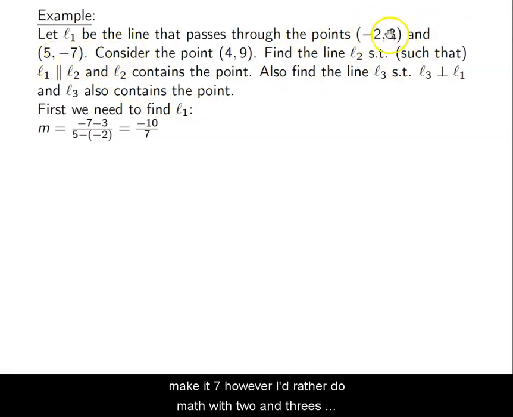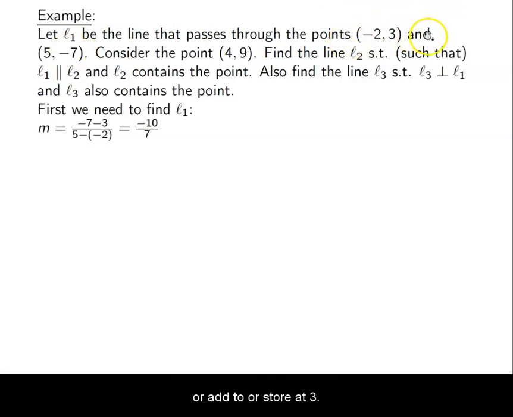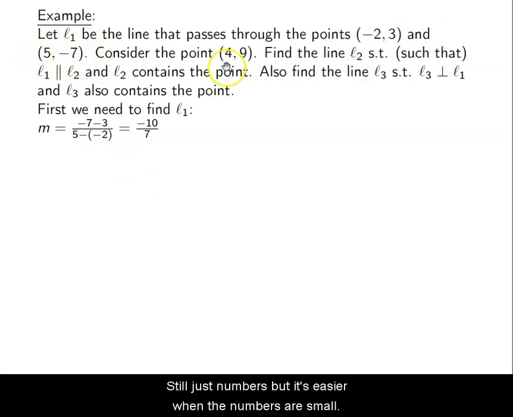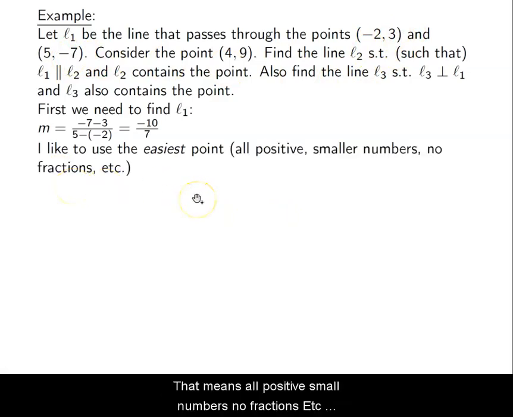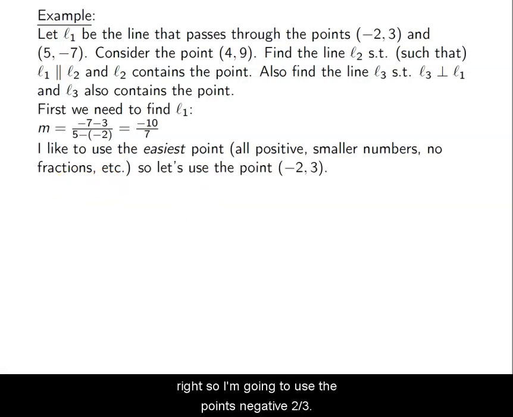However, I'd rather do math with 2s and 3s than 5s and 7s. These numbers are smaller, they're easy to calculate, it's easy to double something or triple something or add 2 or add 3. 5 and 7 are still just numbers, but it's easier when the numbers are small. So again, I like to use the easiest point. That means all positive, small numbers, no fractions, etc. So I'm going to use the point (-2, 3).